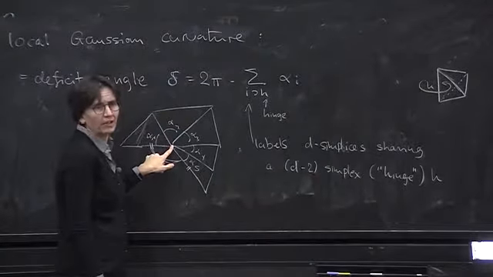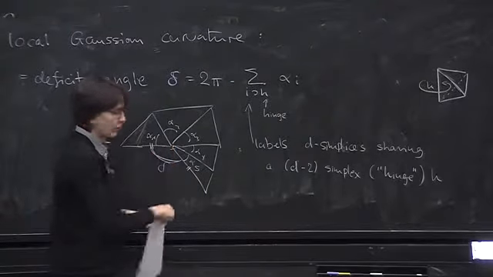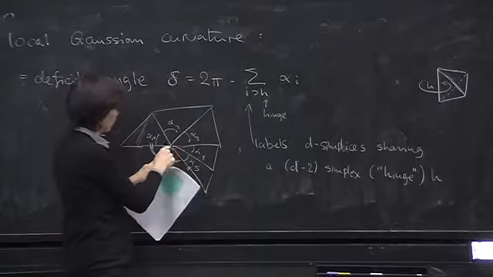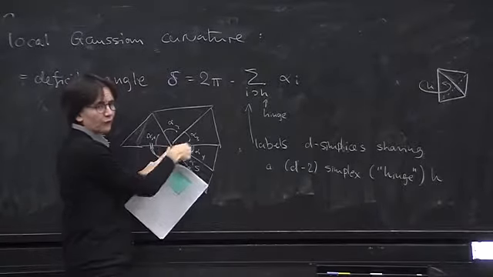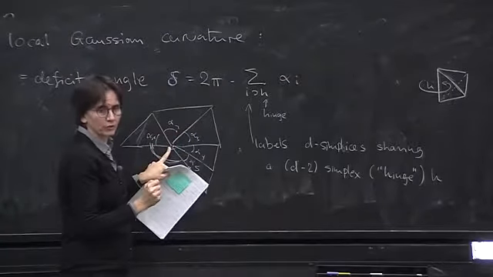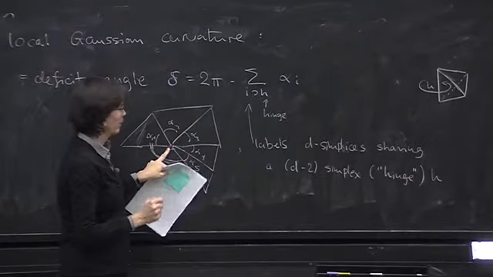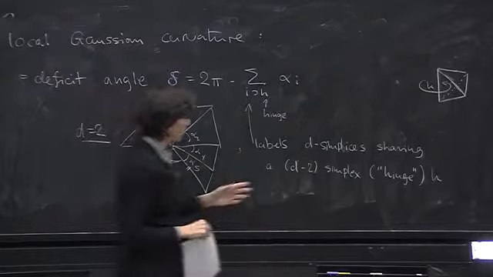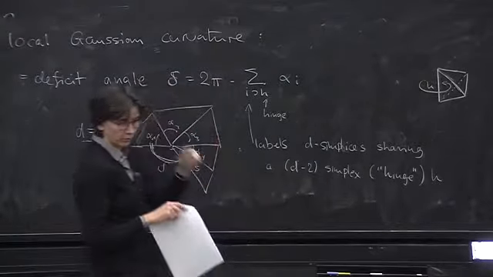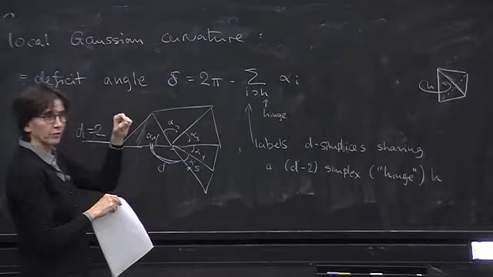It's like in a delta function-like way, because if I do any other parallel transport that doesn't contain this one vertex, the deficit angle will always come out to 0. Okay. So this has to be in there. And in 3 dimensions, the curvature is located along the one-dimensional edges of the triangulation.